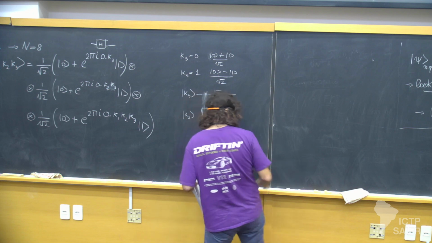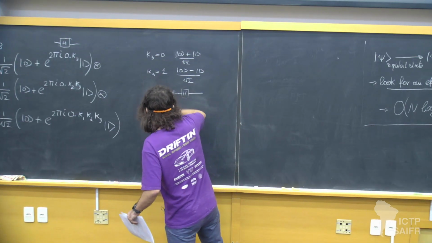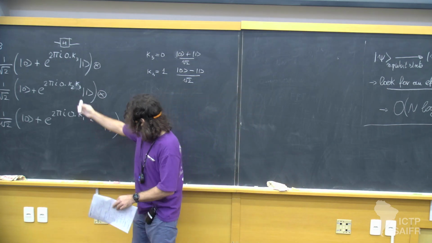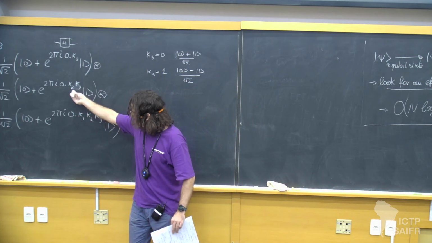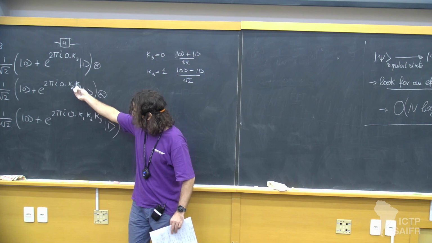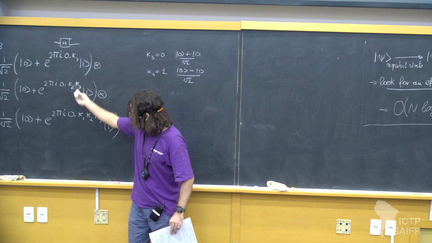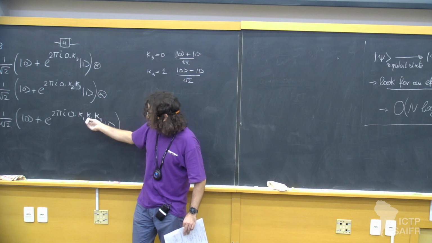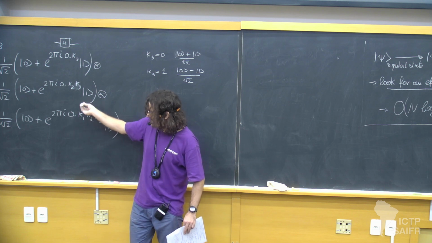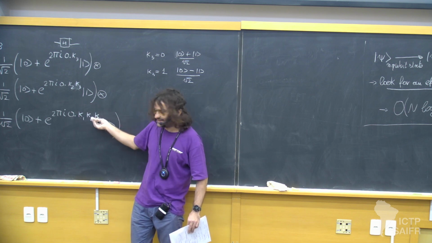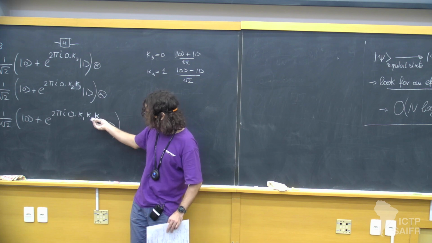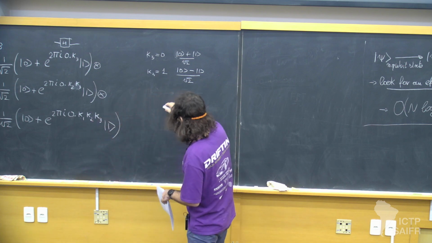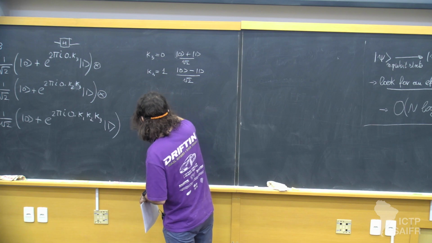Okay, let's redo the drawing. So let's finish. First, let's say what is going to happen. We have an R2 controlled by K3. And here we need a Hadamard, then an R2 controlled by K2, once again, and then an R3 controlled by K3. So let's try to draw, and then we comment.